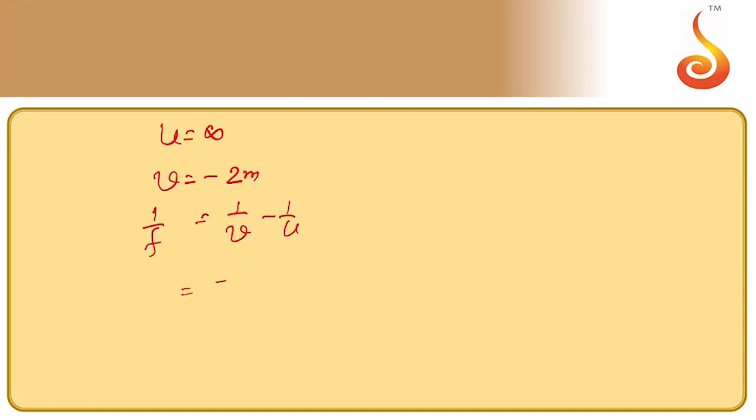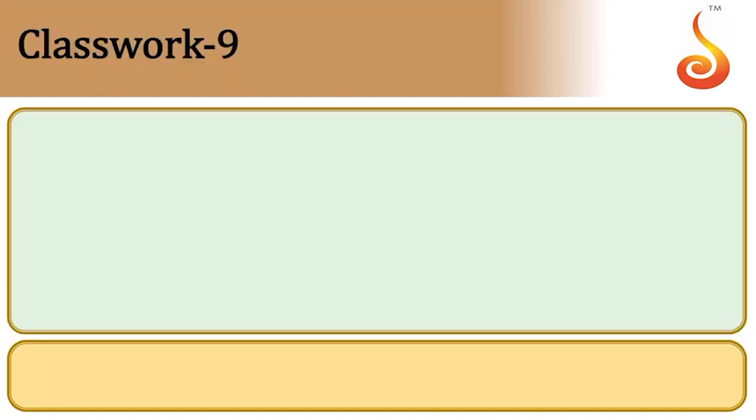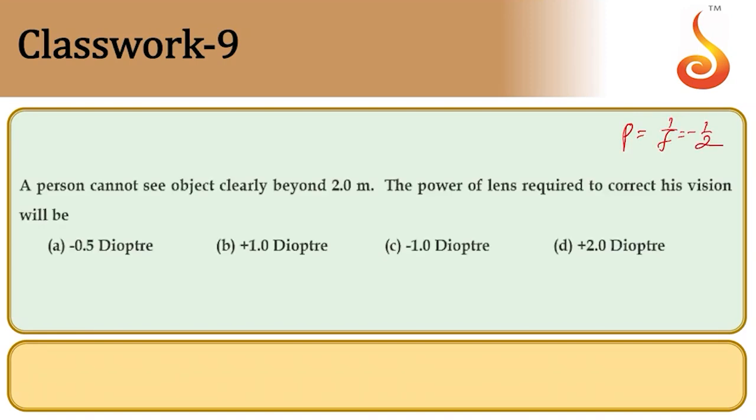That gives me minus 1 by 2 minus 1 by infinity, which is minus 1 by 2. So f is equal to minus 2, and the power is 1 by f, which is minus 1 by 2, or this is nothing but 0.5 diopter with a negative sign.